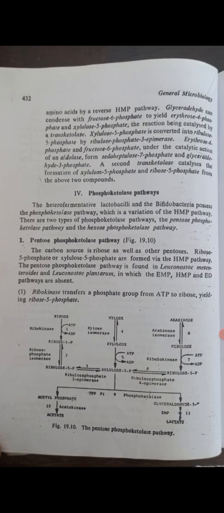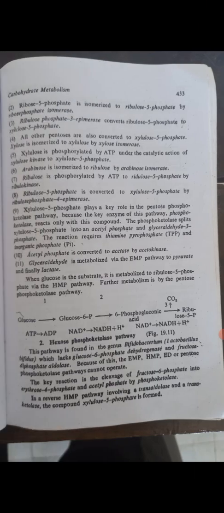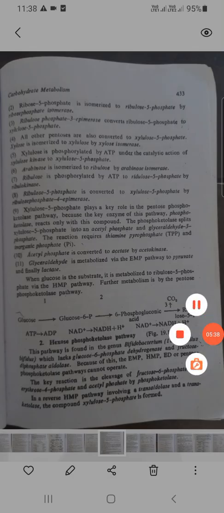This pathway is run by the species of Leuconostoc, that is Leuconostoc mesenteroides and Leuconostoc plantarum, in which the EMP, HMP, and ED pathways are absent, and it utilizes only pentose sugars. The next pathway is the hexose phosphoketolase pathway, which we will discuss in the next lecture.